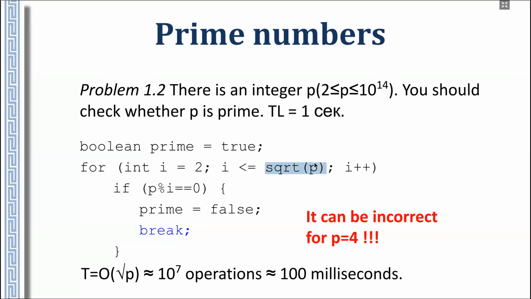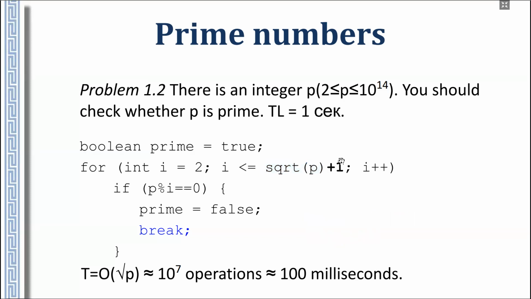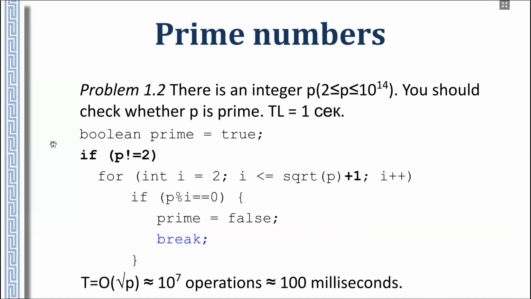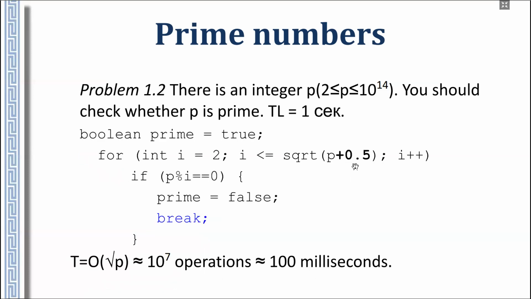What can we do in that case? We can just put +1 here, but this code is incorrect if p is 2. It checks that the square root of 2 is 1.4, and then checks the number i equals 2 and says that 2 is not prime. So what can we do? We can just add an if statement, for example, or put +0.5 here.